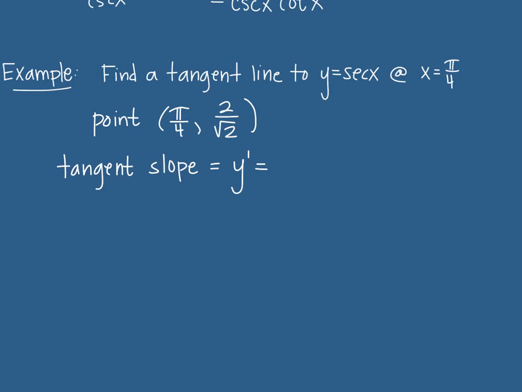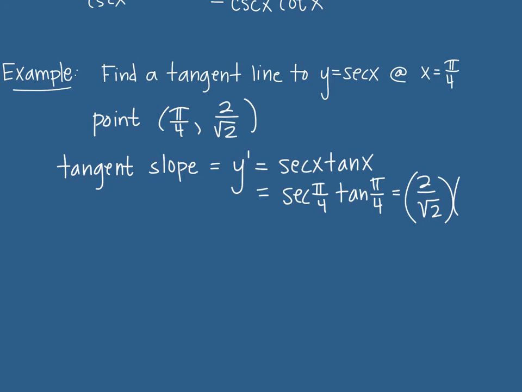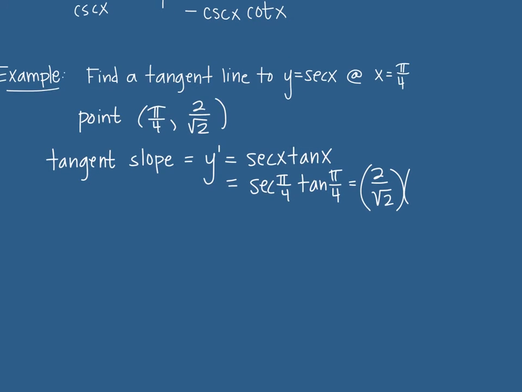We've just proven that y prime is secant x tangent x. And so the value of y prime here would be secant pi fourths times tangent of pi fourths. And we know what the secant of pi fourths is from our first problem. So this will be 2 over rad 2 for the secant. And what about the tangent of pi fourths? That's 1.